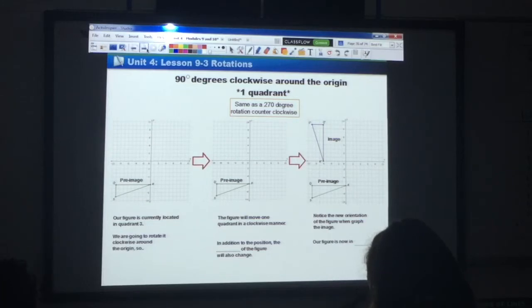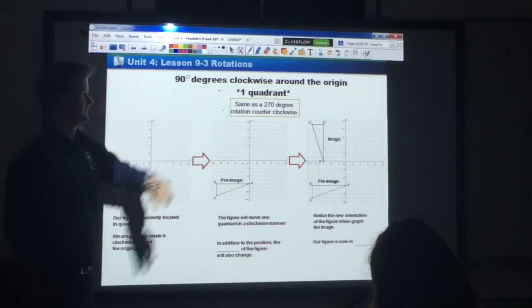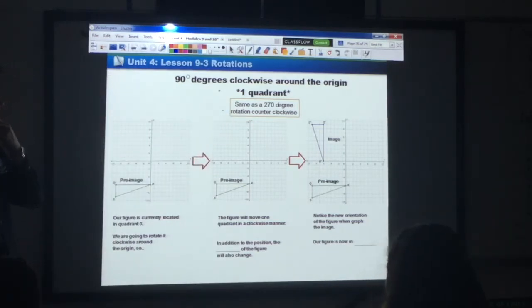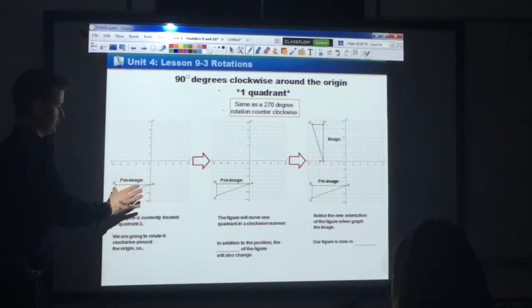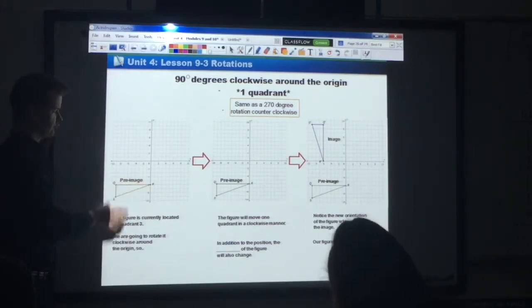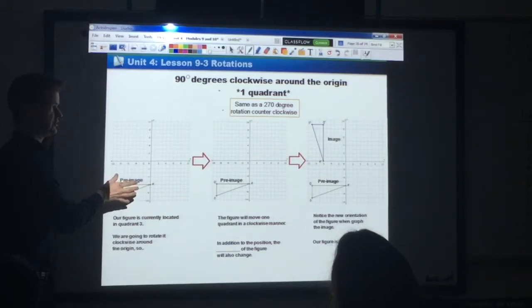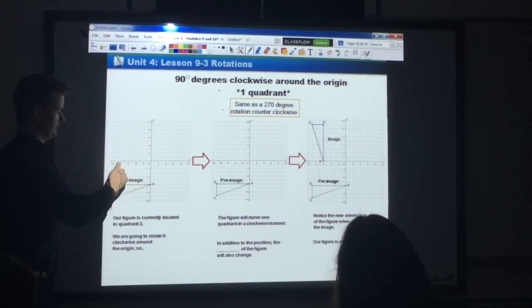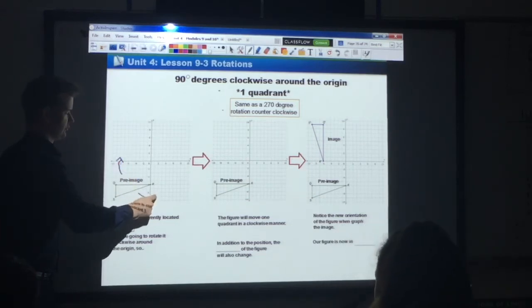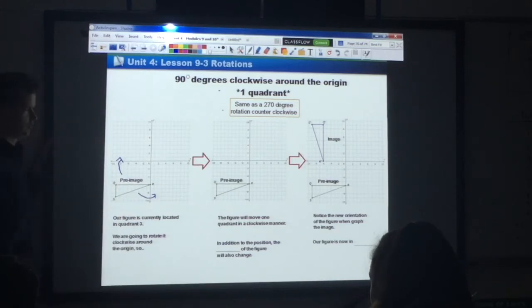So we have 90 degrees clockwise around the origin. Notice that we're moving 1 quadrant. Like I said, 270 degree counterclockwise, same thing. So here's our pre-image. This is where we start. If I'm rotating this 90 degrees clockwise, which way am I moving it? Am I going to move it up 1 quadrant or to the right 1 quadrant? Up 1 quadrant. That's right.